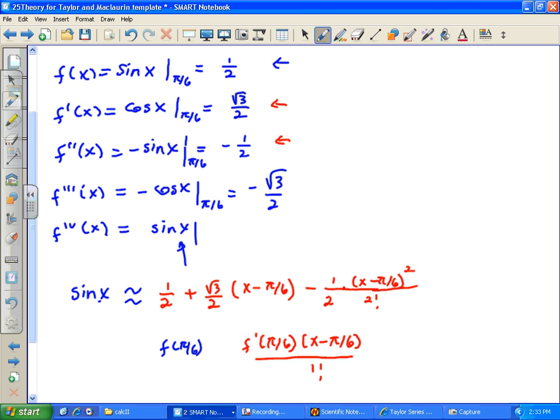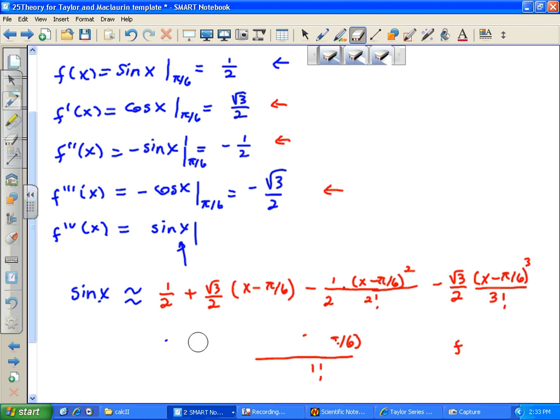And the fourth and the last term would be, normally it should be the third derivative at that point, which is negative root 3 over 2 times quantity x minus pi over 6 to the third power divided by 3 factorial. And we only wanted to get the first 4 terms, so there we have it.